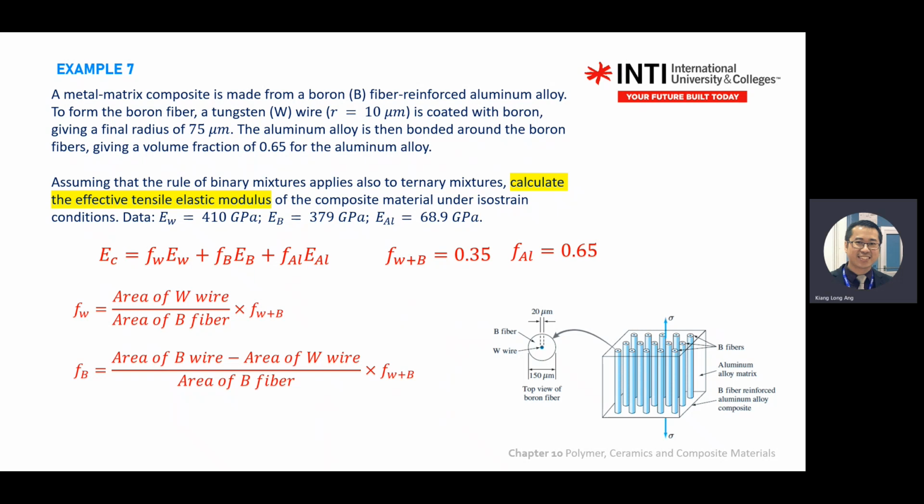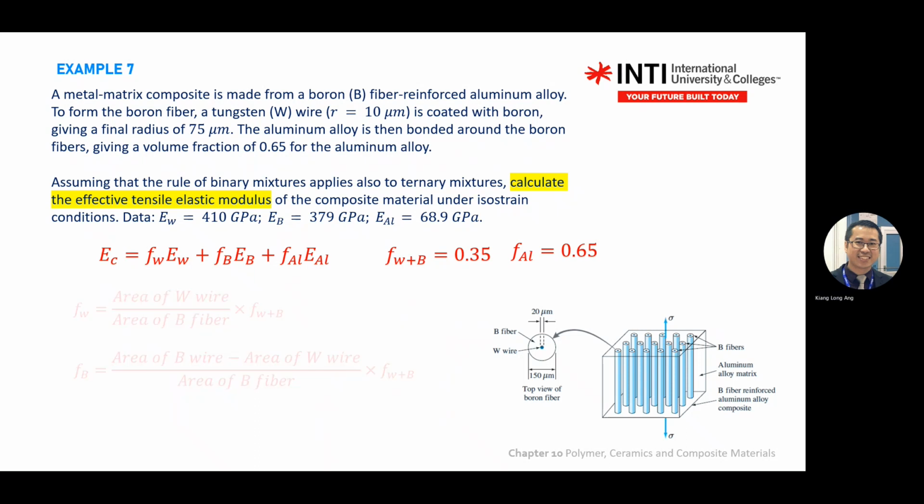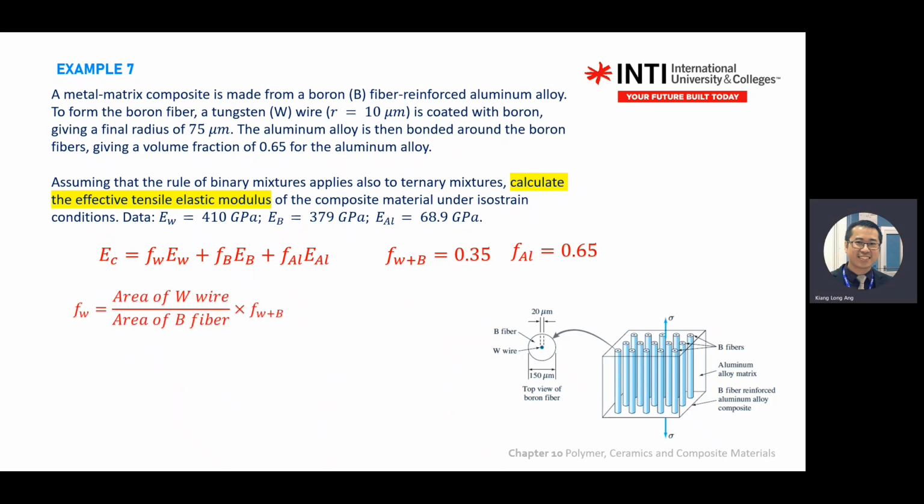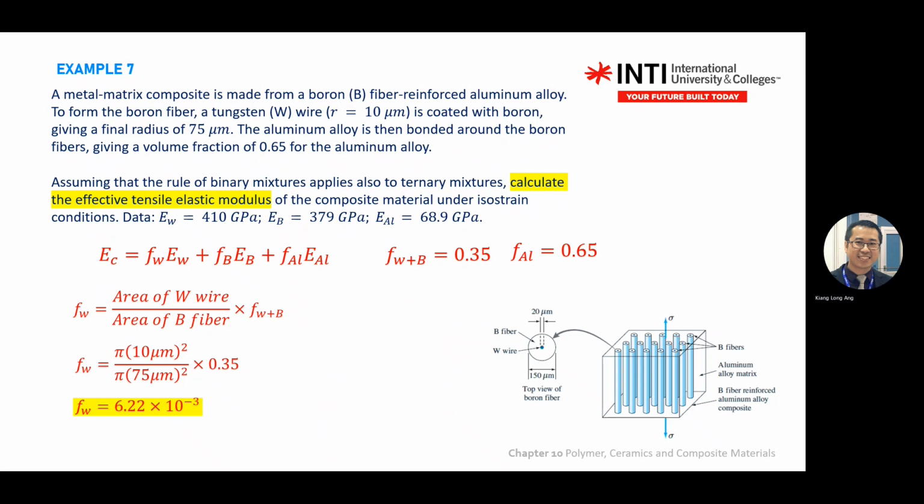So here, you take B minus W divided by W, and the fraction of W equals the same. Like what I say, straight away use pi r square for the area. Then the fraction of W will be 6 point something times 10 to the power of negative 3, dimensionless. Right?